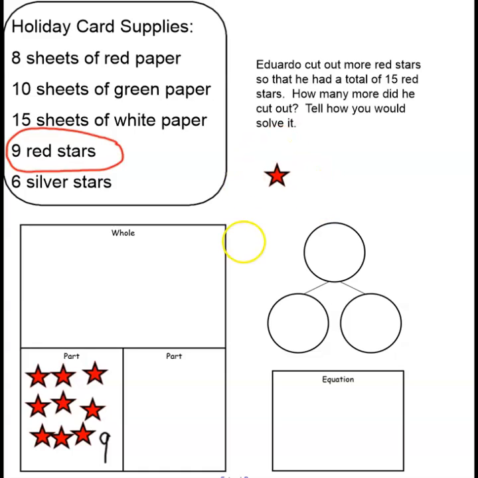So we know that he cut some more out, but we don't know how many. That's what we don't know. So we had 9 stars here, and we don't know how many more he cut. But how many red stars did he have a total of? He had 15. Can you help me represent the 15?